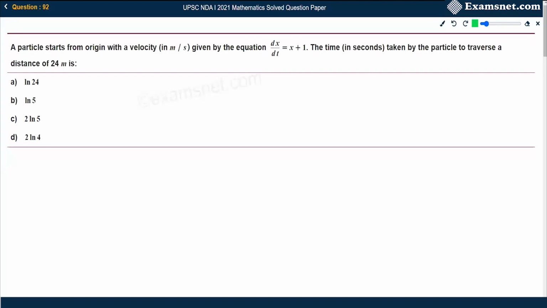In question number 92, it is given a particle starts from the origin with a velocity in meter per second given by the equation dx by dt equals x plus 1. The time taken by the particle to traverse a distance of 24 meter is, okay, so the differential equation is given in variable separable form.